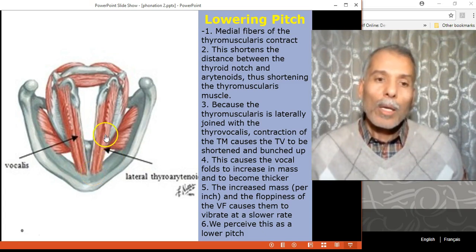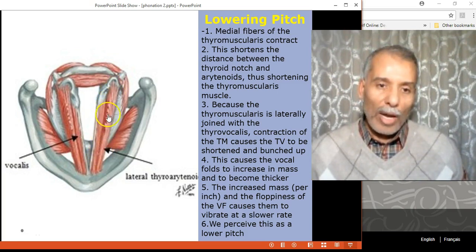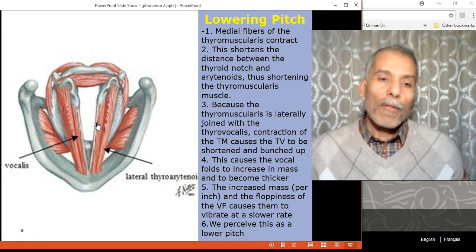Because the thyrovocalis is laterally joined with the thyromuscularis, when the thyromuscularis contracts and shortens and becomes bulky, the thyrovocalis also is made to bunch up and to be bulky and to be heavier, to be shorter.